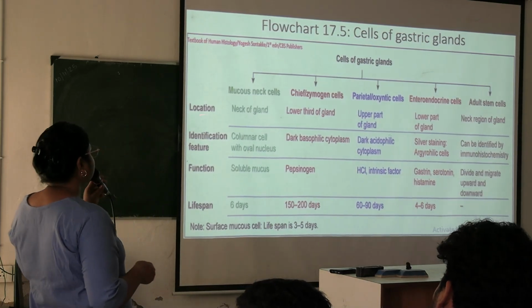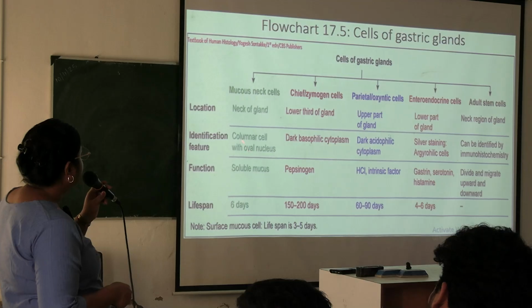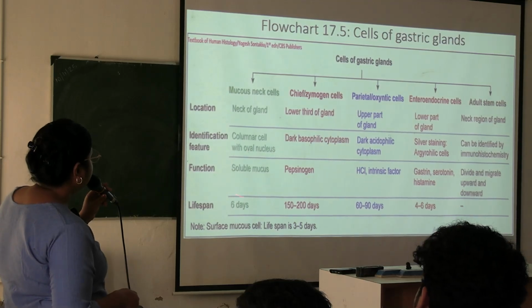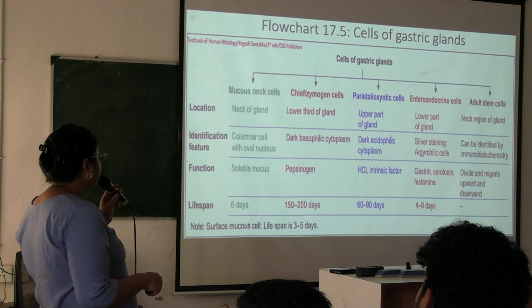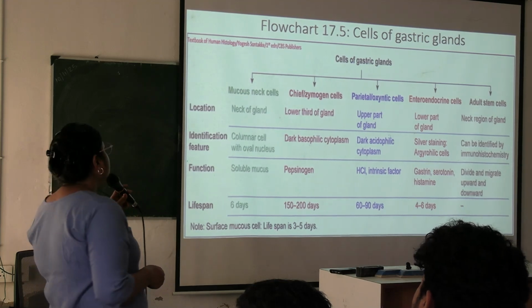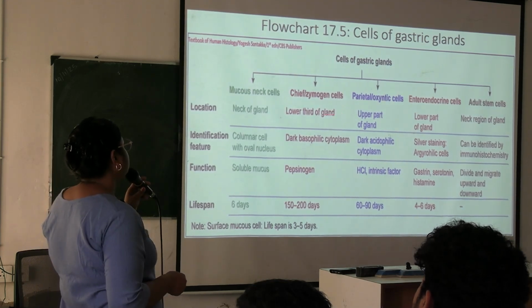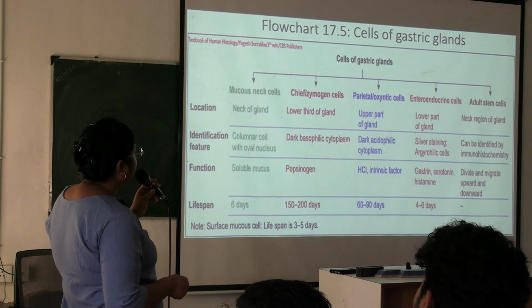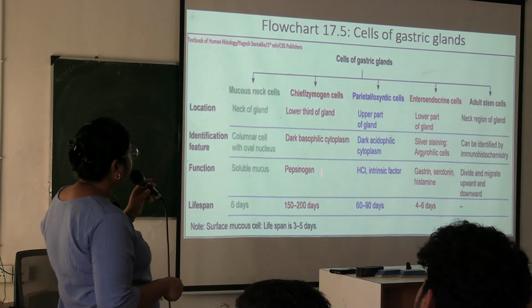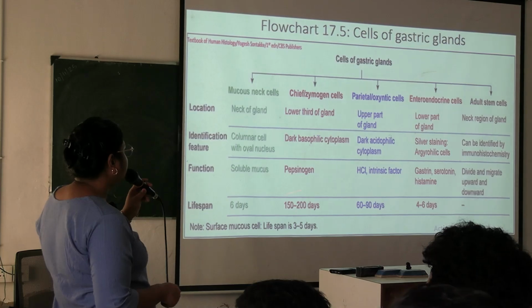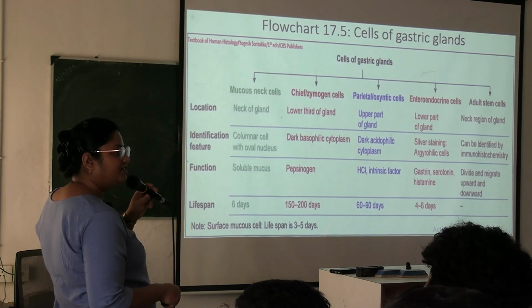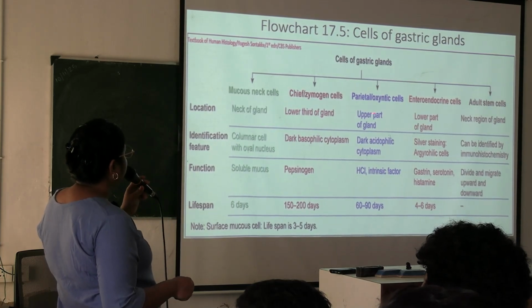Mucous neck cells are at the neck of the gland, columnar cells with an oval nucleus, secreting soluble mucus, with a lifespan of 6 days. They are continuously replaced. Chief cells or zymogen cells are in the lower third of the gland, with dark basophilic cytoplasm, secreting pepsinogen, with a lifespan of 150 to 200 days. This lifespan is the highest.